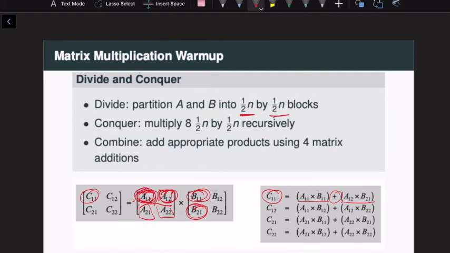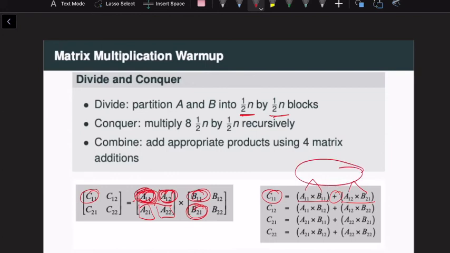Now that seems very promising, because what we have now is that we could get the result by adding products of smaller matrices. So now we're multiplying two smaller matrices and then another two smaller matrices and then combining them.